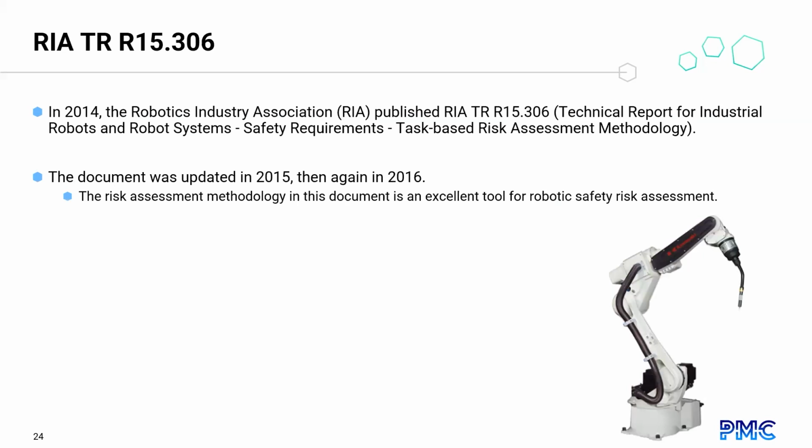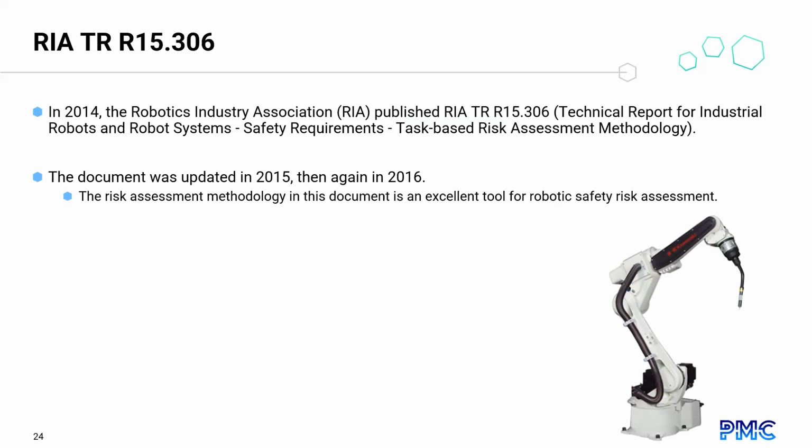And now let's focus a little more on the robotic risk assessment part. The industrial robot safety standard, the technical report RIA TR R15.306, requires that a risk assessment be carried out on every robotic system.